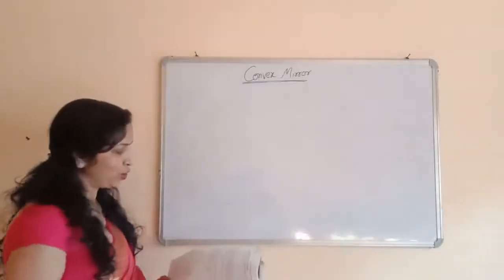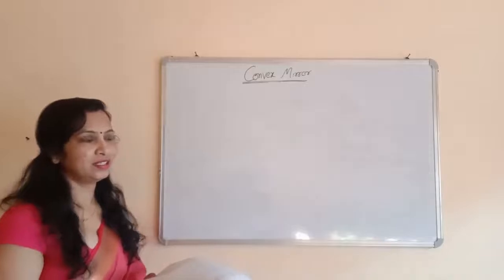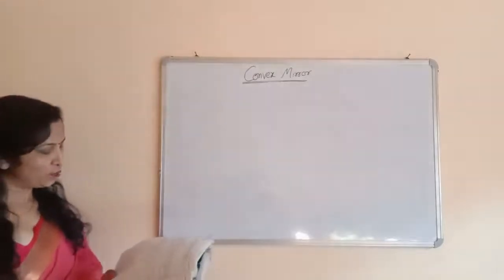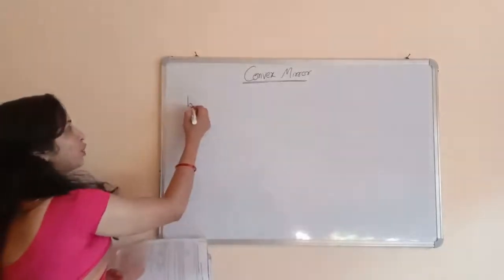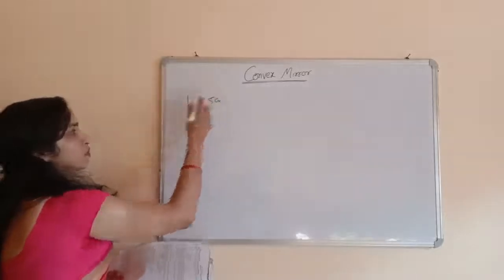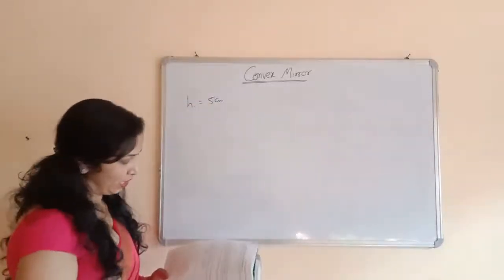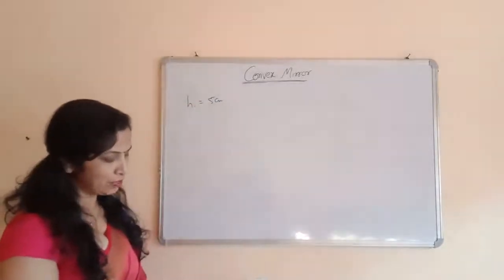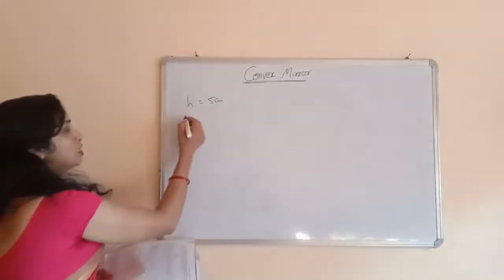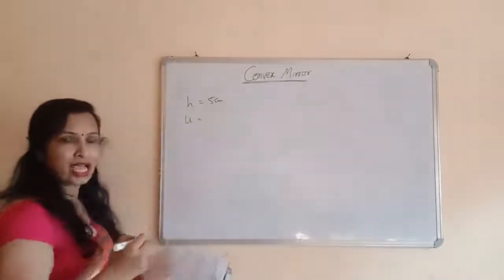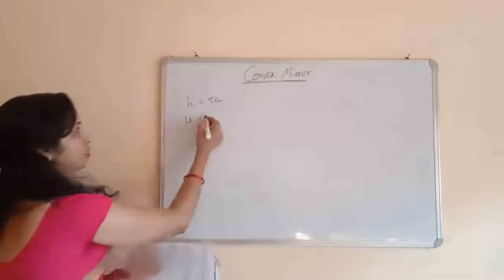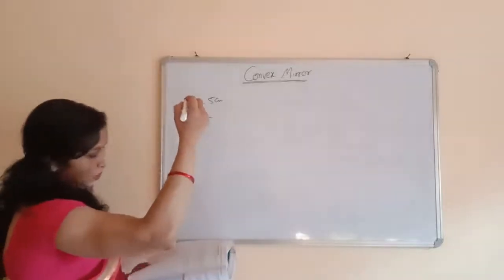The question is: an object 5 cm high. This is the height of the object, h1 is 5 cm. It is placed at a distance of 10 cm from the convex mirror. This is the distance of the object from the mirror and we represent it by u. It is minus 10 cm.